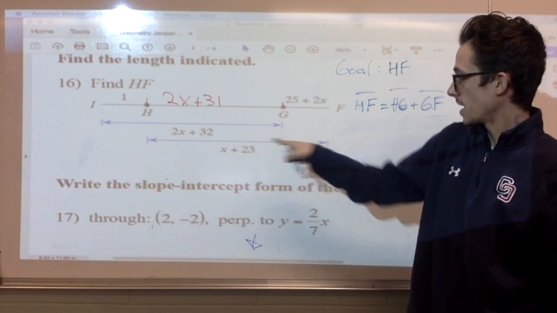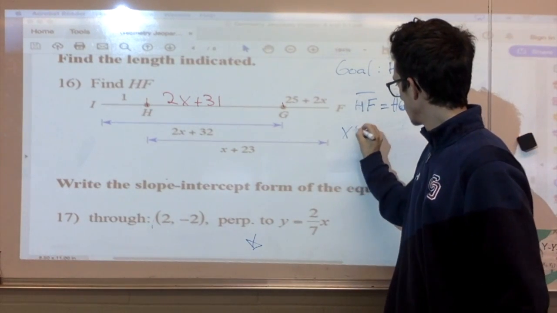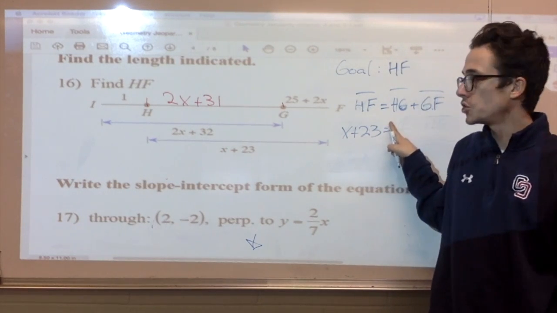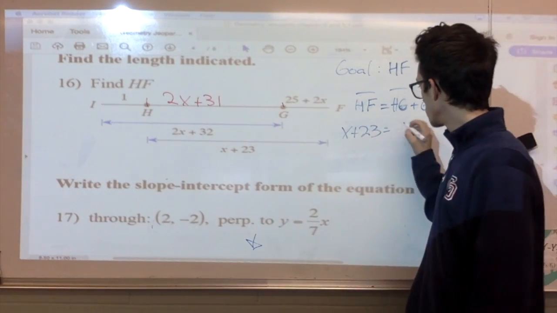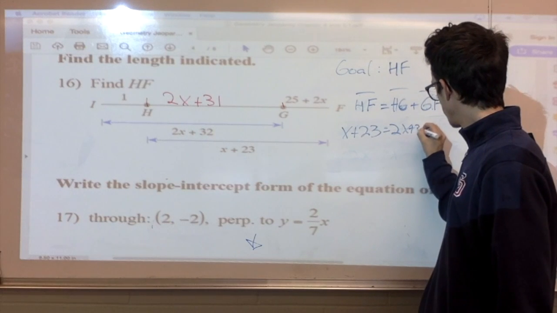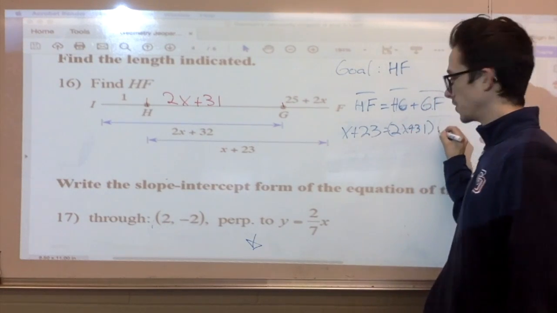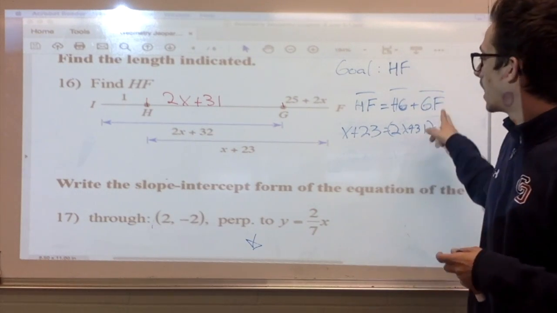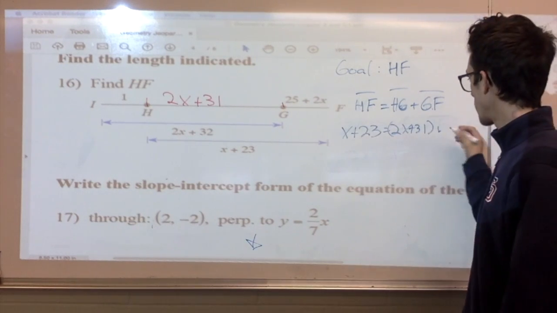HF, I know that's going to be x plus 23. And this is equal to HG, which is 2x plus 31, which we just found. I'm going to use parentheses here because it seems as if there might be a lot going on. Hopefully you don't mind. GF is 25 plus 2x.